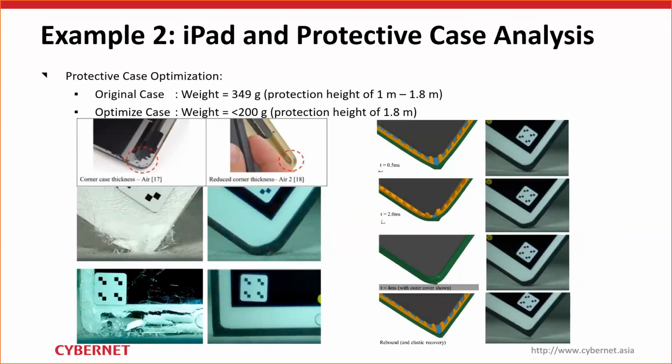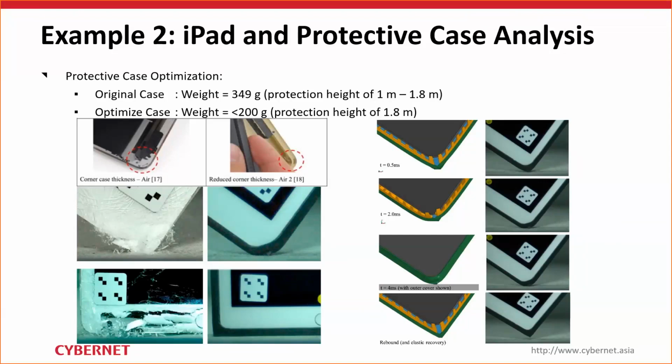Next, we go into the optimization of the protective case. For the original case, the original design weighs 349 grams, with claimed protection height between 1 meter and 1.8 meters.